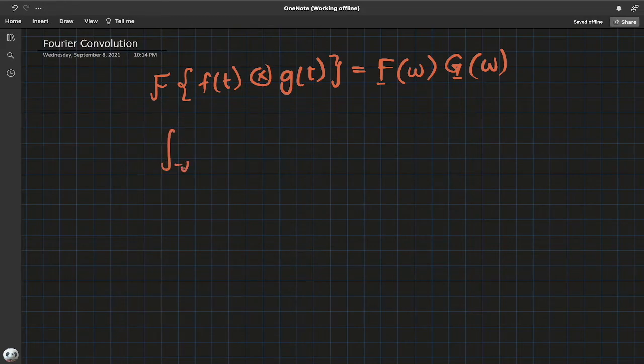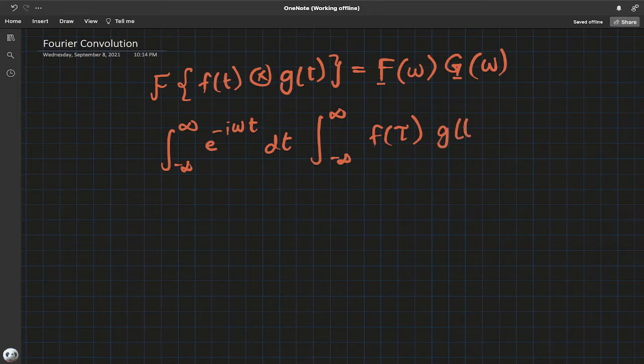So the integral from negative infinity to infinity of e to the negative i omega t, this is the definition, dt of the Fourier transform, and then the integral from minus infinity to infinity of f of tau g of t minus tau. This is the convolution formula, d tau.